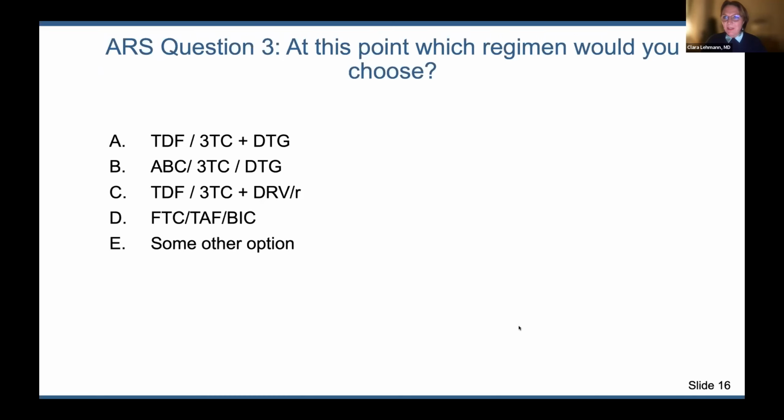Maybe Dr. Sachs, you want to comment on this? Sure. Well, we have resistance to non-nukes, and then that 184V, like we've already talked about. And so to me, answers D and A are probably the preferred answers here.